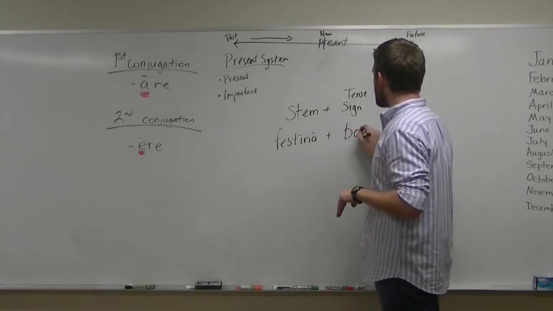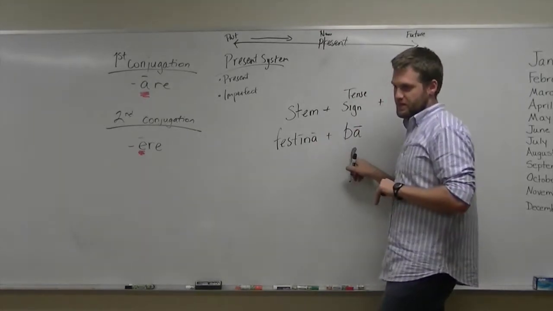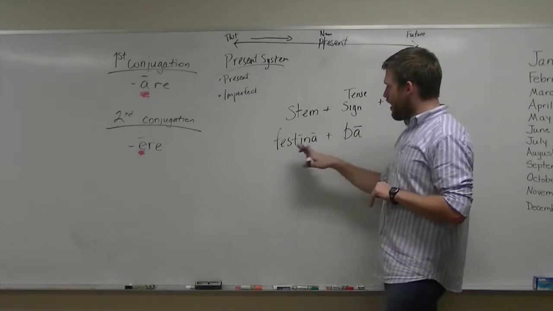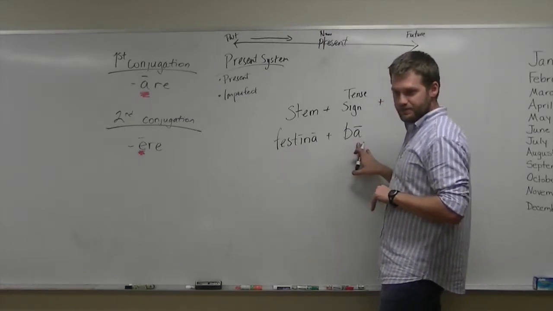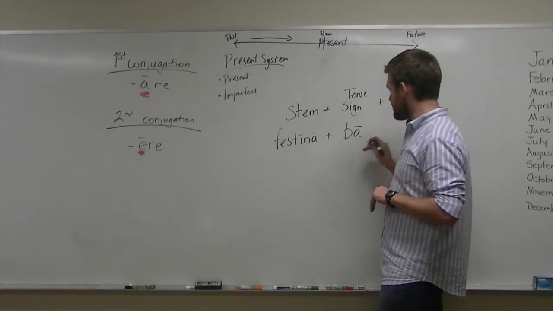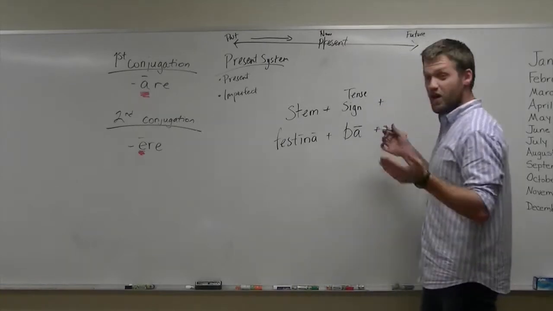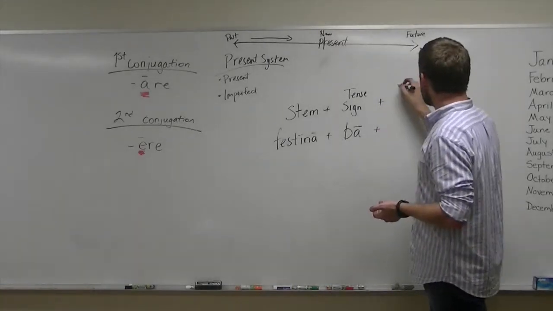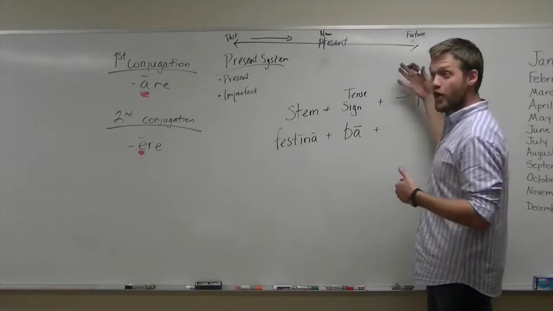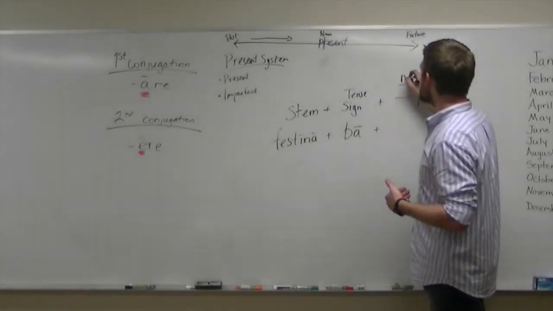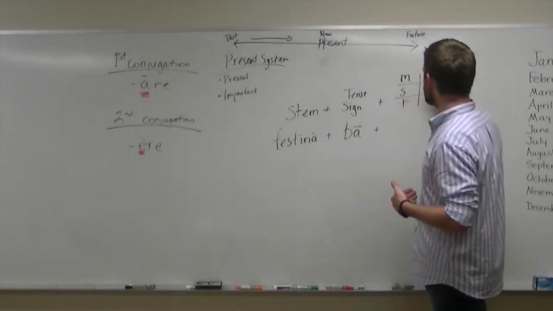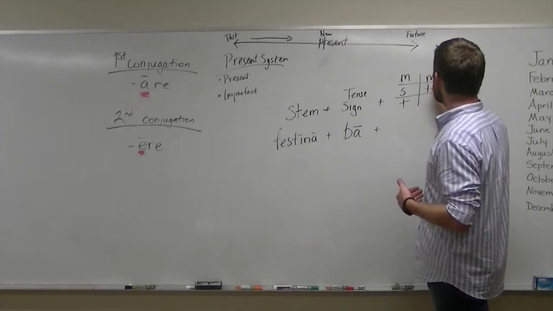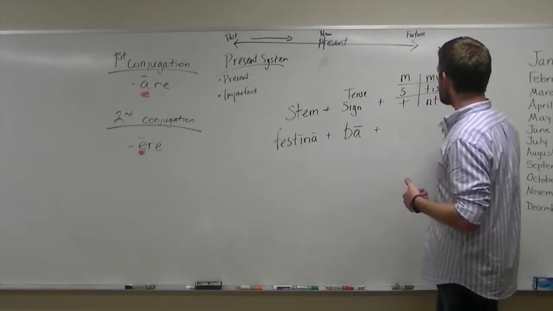And the tense sign of the imperfect is ba. So far I'm at festina ba. And the last thing are the endings that we already learned, with one change: instead of o or s, it is now m, s, t, mus, tis, nt.